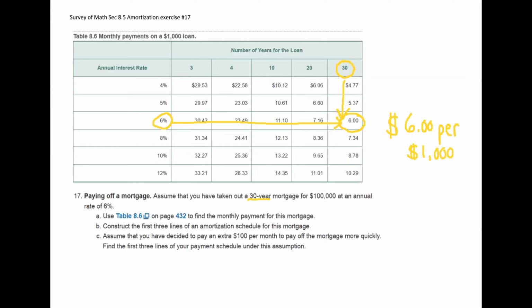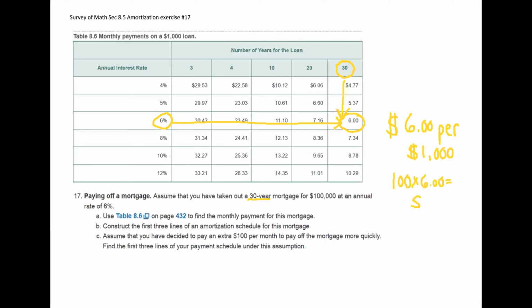$6 per $1,000. So the payment would be 100 because we have $100,000, right? So we have 100 of these groups, each at $6 per group of 1,000.